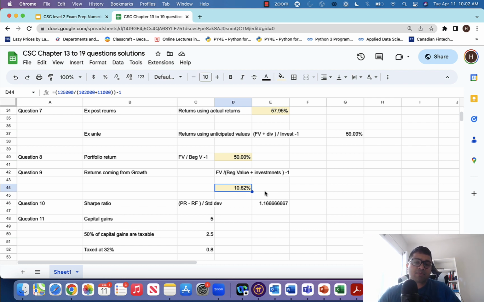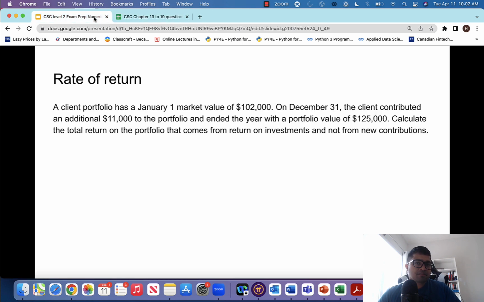So that comes to 10.62%. So you actually made a return of 10.62%. Now please be careful. Returns from growth, you have to add the yearly investment in the denominator. Okay.